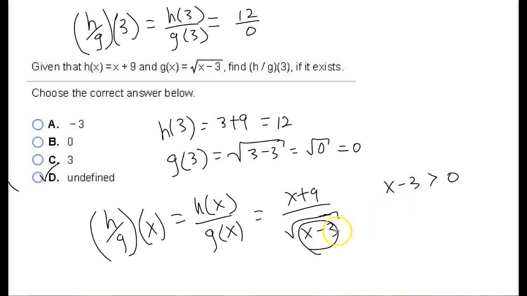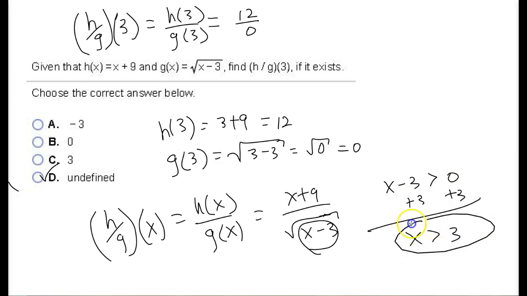So we can't have it equaling 3, so it can only be greater than 3. And so here the domain of this function would be all values of x that are just larger than 3. Hence why this function evaluated at 3 is undefined, because 3 is not in the domain.